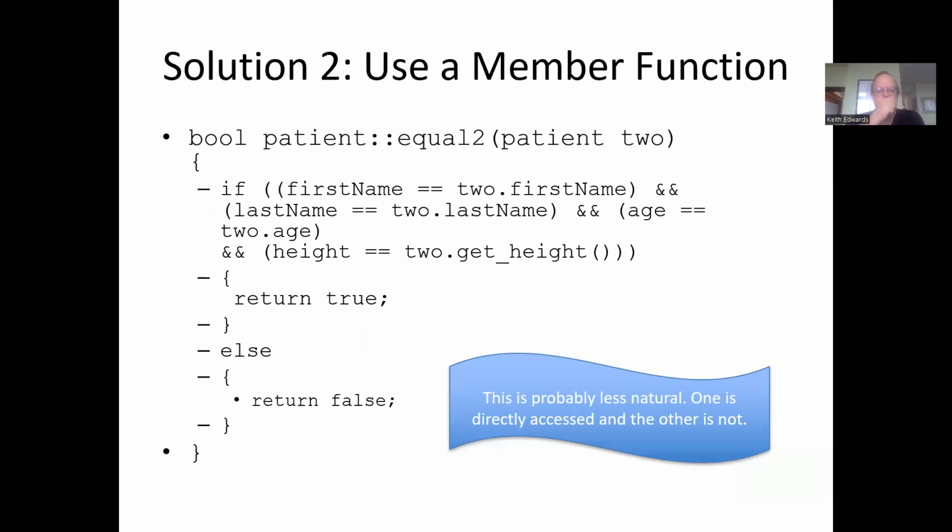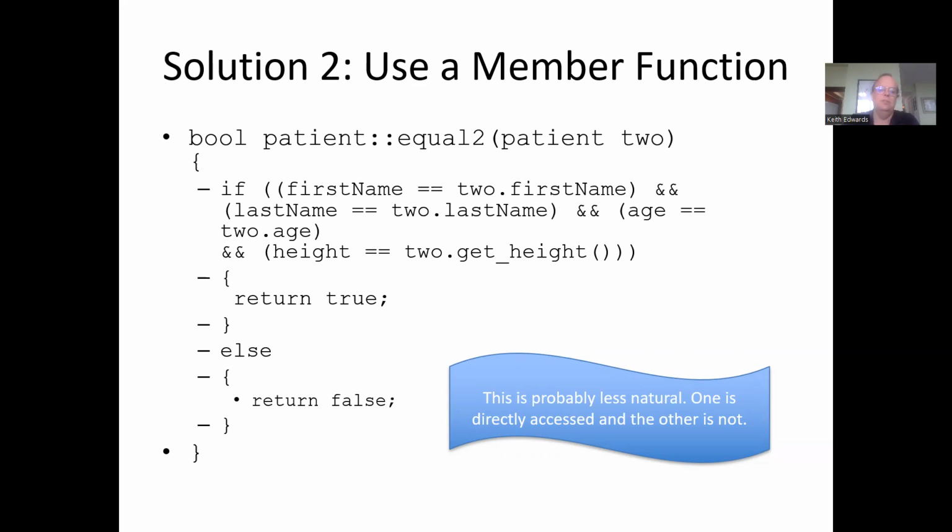The other way to proceed is to use a member function. So here, this would be part of the patient class. And we would pass it an additional object of the patient class called 2. So for the first one, for the calling object, we can just use the member variable name, first name.